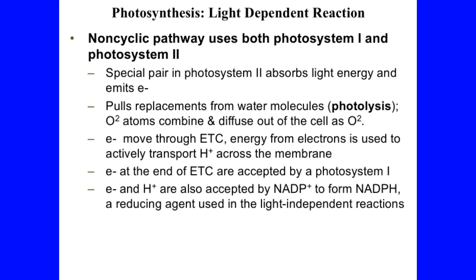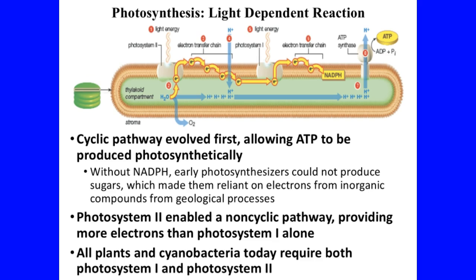It's also going to allow it to create a lot more ATP due to having a whole lot of electrons coming in from the different wavelengths from photosystem 2 and photosystem 1. And not only that, but they're also able to make a whole bunch more ATP because of how much more energy they can actually create.